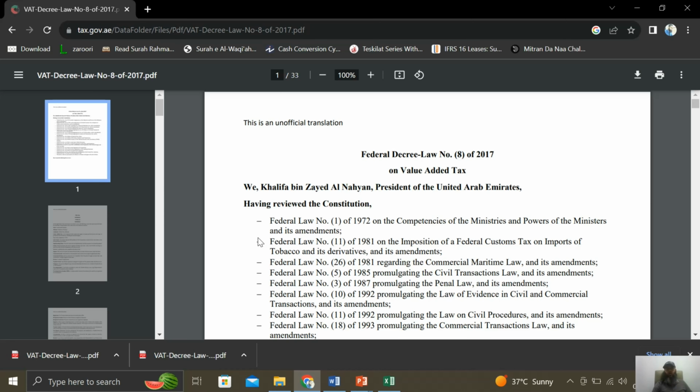Similarly, in UAE there is a law that you cannot claim the expenses of refreshment and entertainment that you give to your staff. But if you give refreshment to your customers, or you make parties for your customers to make your sales good, that you can claim. But for your staff or yourself, you cannot claim those bills in your VAT return.